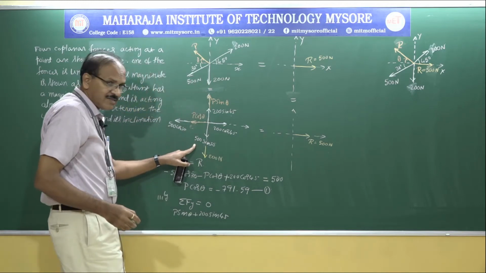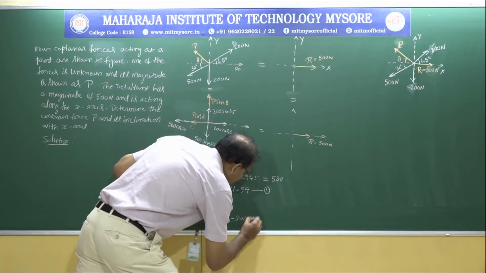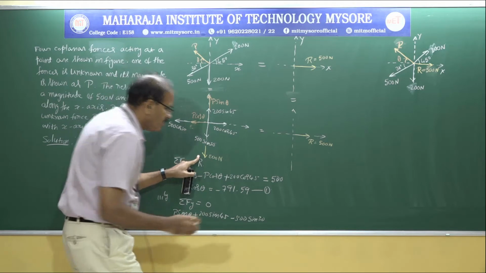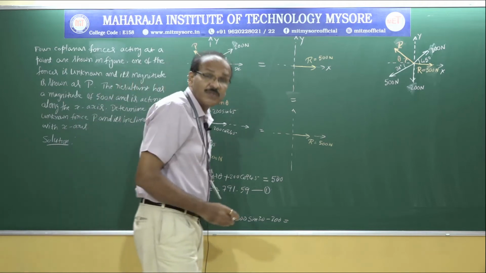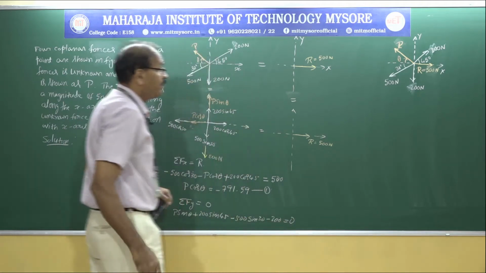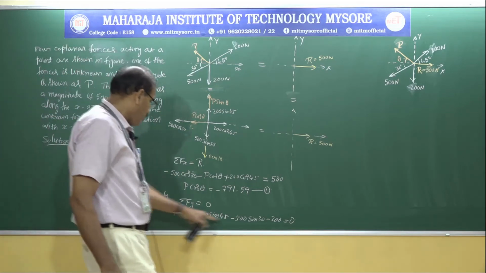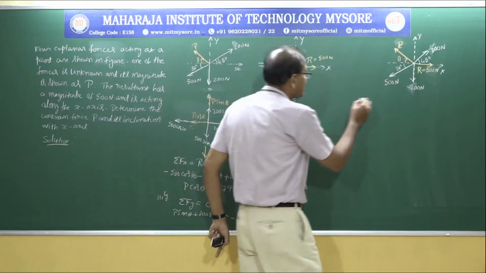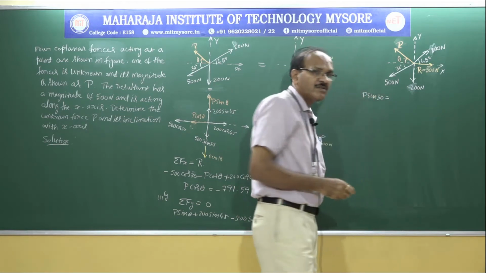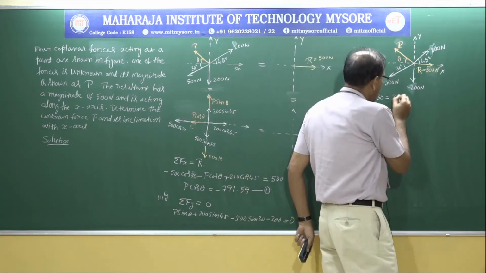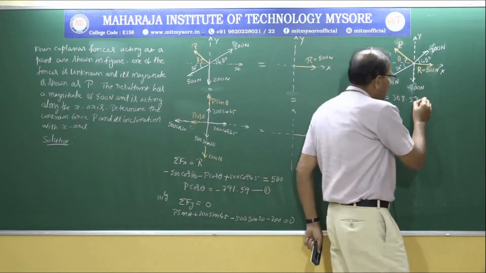If you look here, this is acting downwards, minus 500 sin 30, and this is minus 200 because it is acting downwards. Finally, that should be equated to 0. On further simplification, I am going to get P sin theta equal to 308.58. So I am going to call this equation 2.